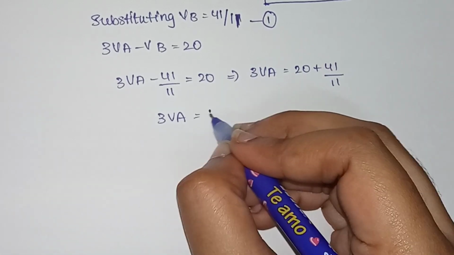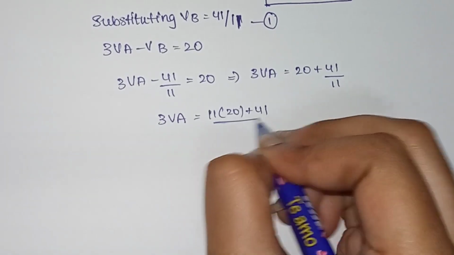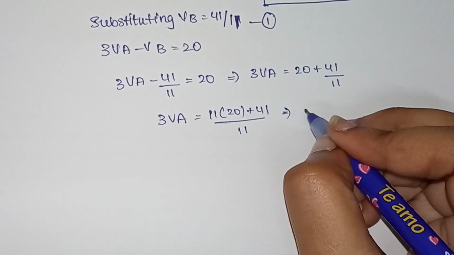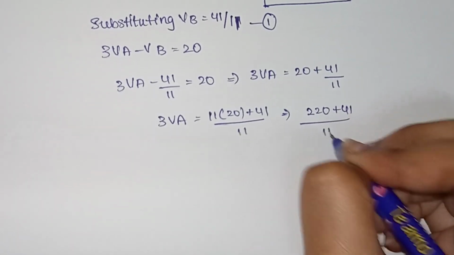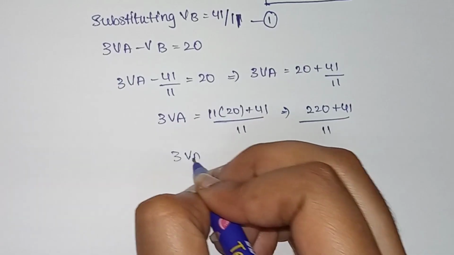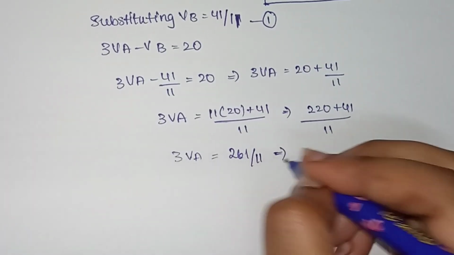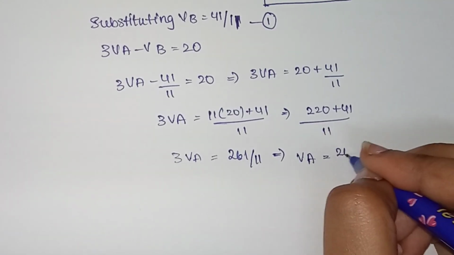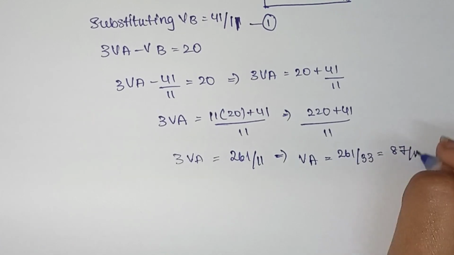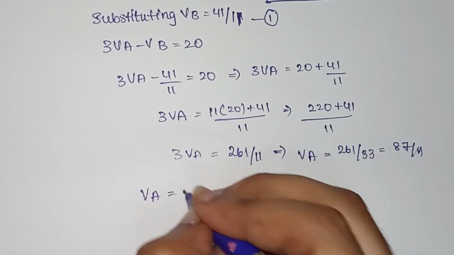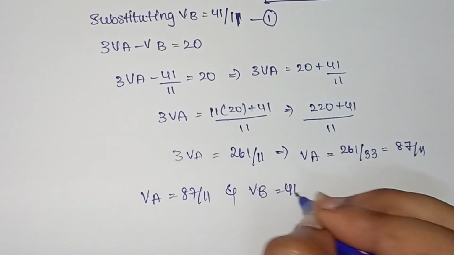If we take the LCM, we'll get 11 into 20 plus 41 by 11, that will be 220 plus 41 by 11. And 3VA is equal to 261 by 11. Your VA will be 261 by 33, which is 87 by 11. So your VA is 87 by 11 and your VB is 41 by 11.